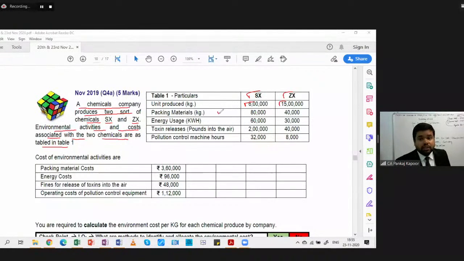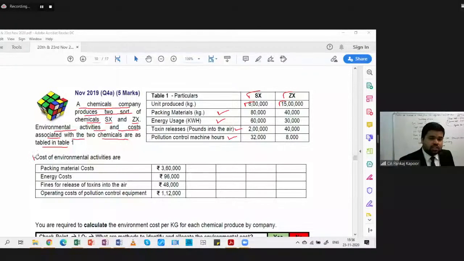Packing material in kilograms is given to us. Energy usage in kilowatts is given to us. Then the toxic release in the form of air, in pounds, is given to us. Then the pollution control machine hours are also given to us.